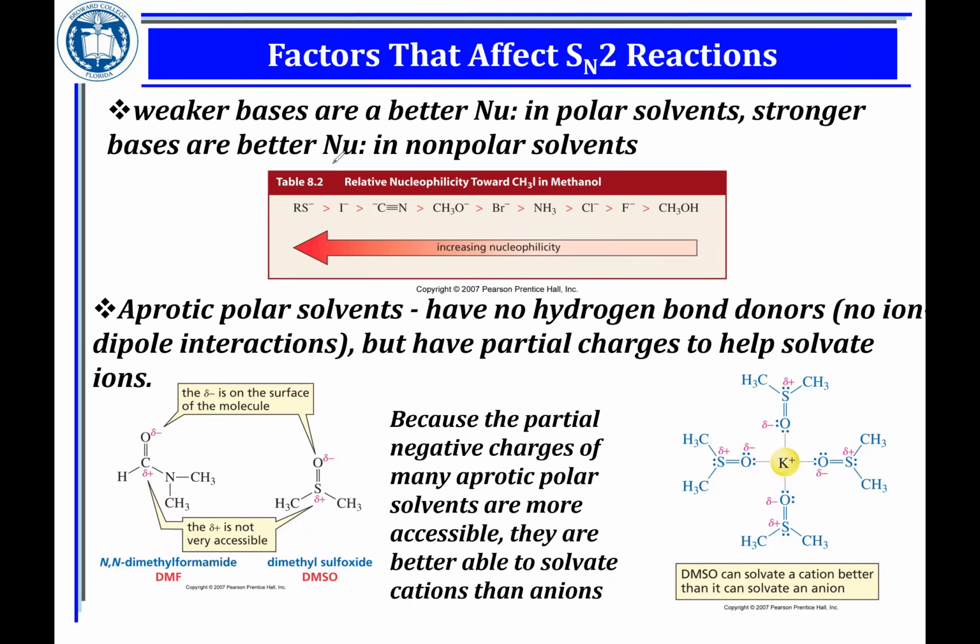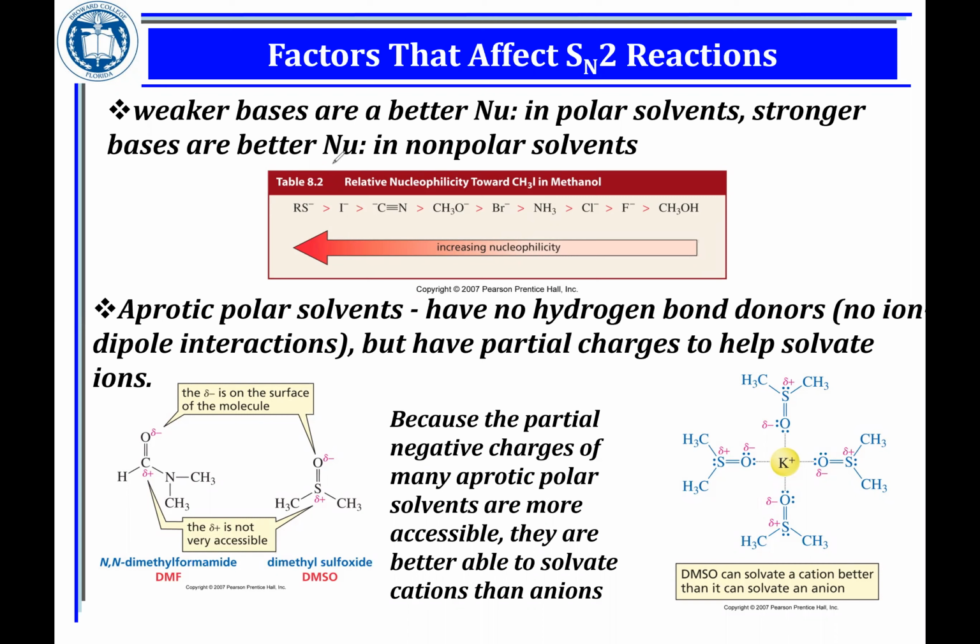So this is kind of tricky. You may not need to memorize it right now. Over time, as you solve problems, it will become more natural. But it depends on your solvent.